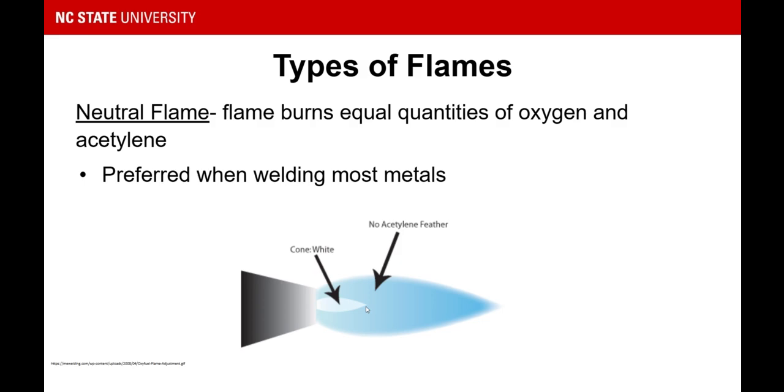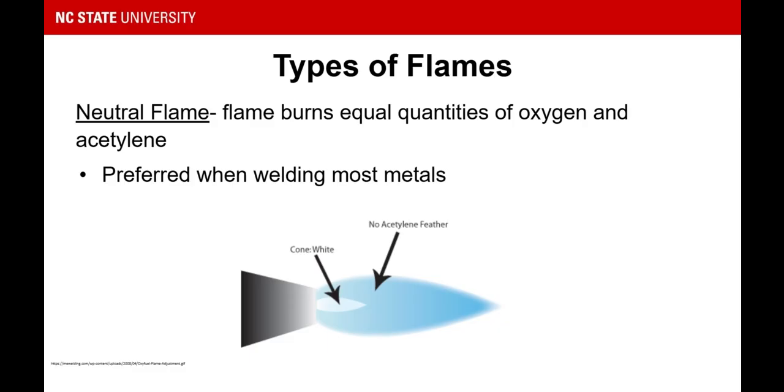When you're setting up this torch, you have two dials on the torch handle that you can use to adjust the amount of acetylene and oxygen entering the torch. You can think of them like a fine-tune adjustment on a microscope when you're trying to get it focused.